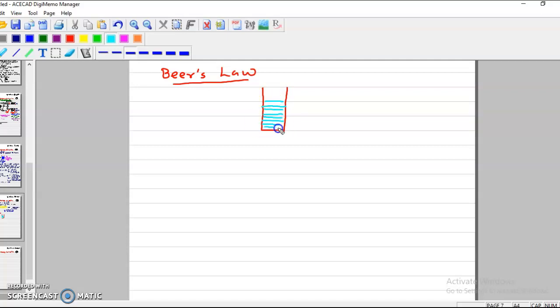Here we assume that it has a certain concentration, and that is c. The light which passes through this has definite intensity I0. The light which comes out of this has a different intensity, that is I, transmitted light.